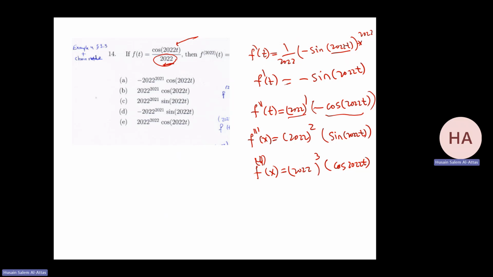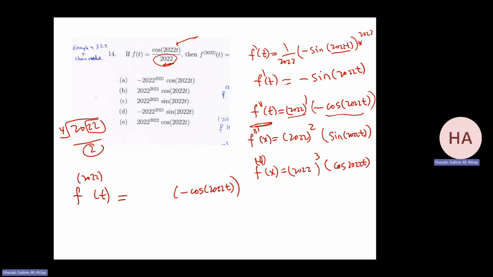Okay. Now what do they want? They want the 2022nd derivative. 2022, if we divide by 4, actually I need to care about this. I have only 2. This is the remaining. So as a function, it's similar to the second as a function. So I have minus cosine 2022t.